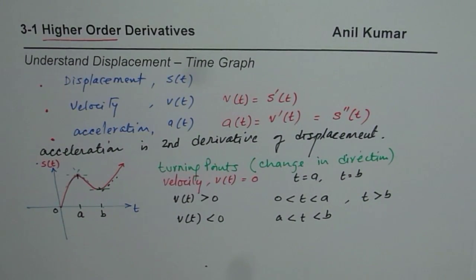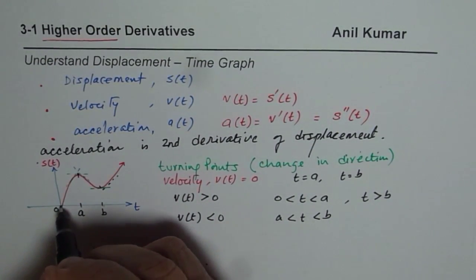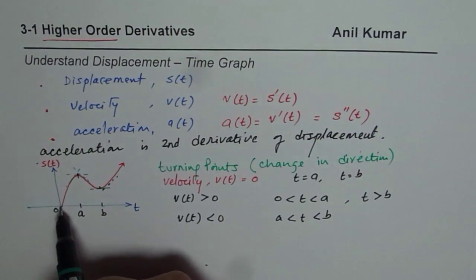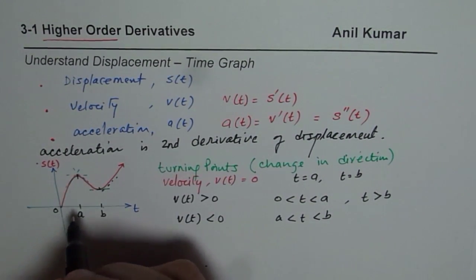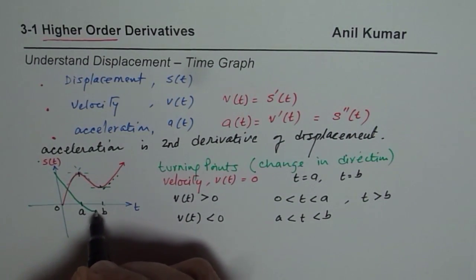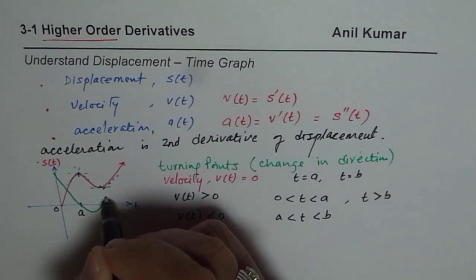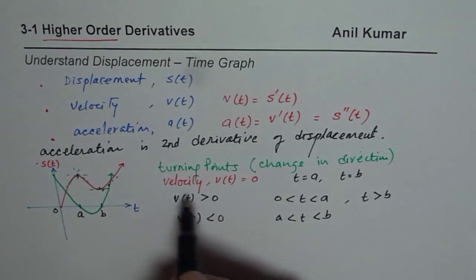So if you have to sketch a graph of velocity from this displacement, you can say it is very high velocity to start with, it decreases, becomes 0, and then negative, right? So it is negative kind of here. So it could be kind of like this. So if you draw a graph, we are expecting this kind of a graph for velocity.